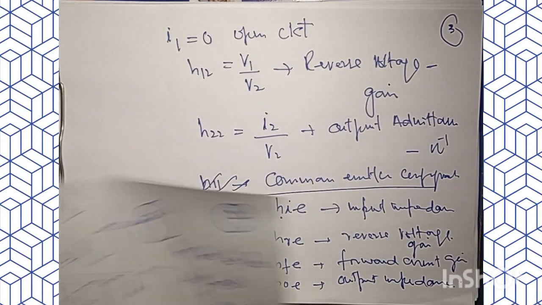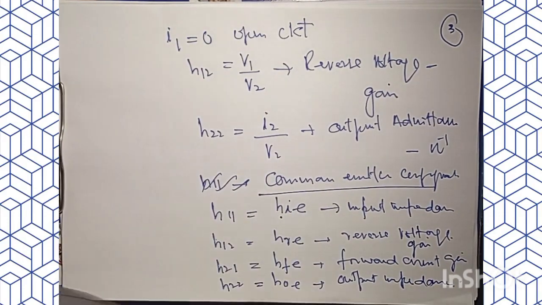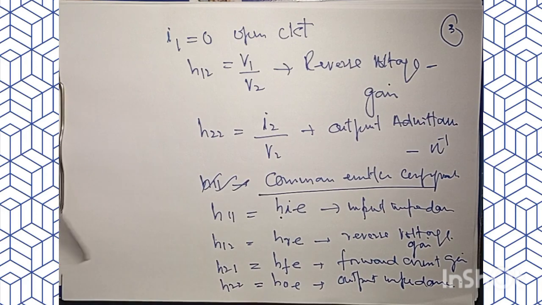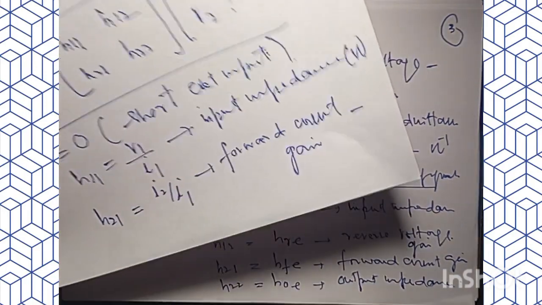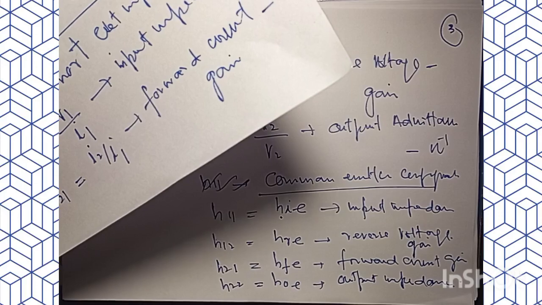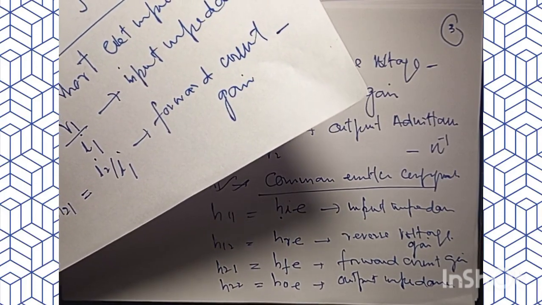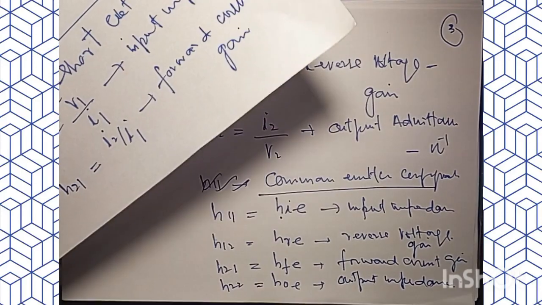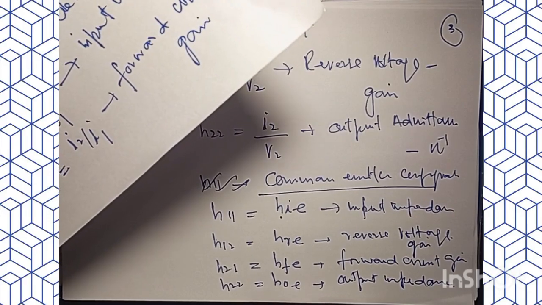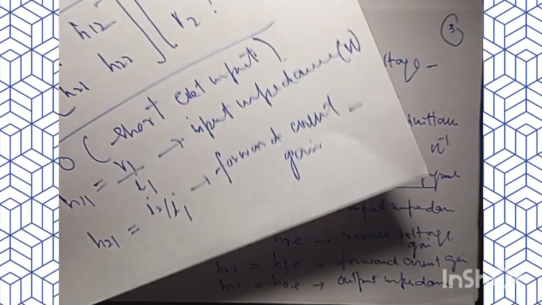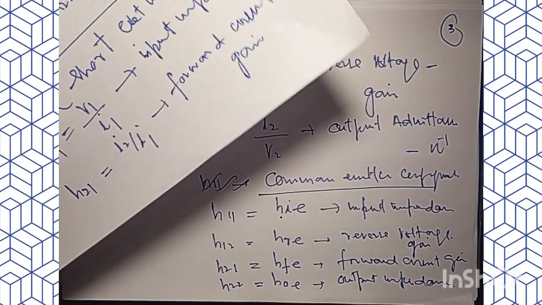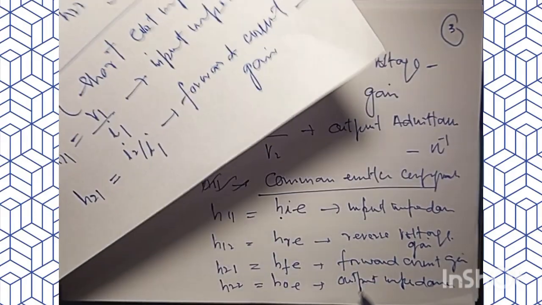Okay, here I'll stop. What we have done is we have written down the hybrid parameters, and then we have written down the symbolic representation. We have defined these hybrid parameters like input impedance, output admittance, reverse voltage gain, forward current gain. And then we have taken a symbolic representation of these physical quantities for common emitter configuration.